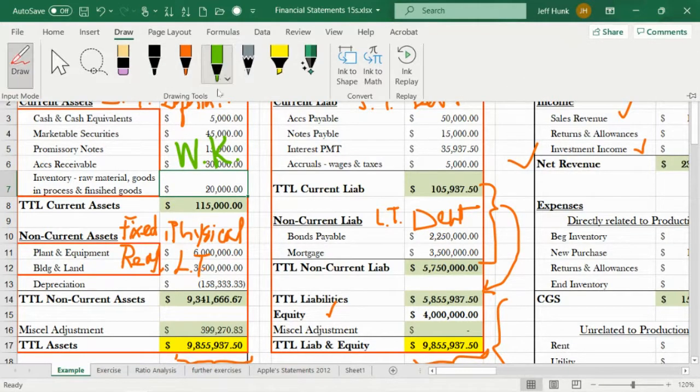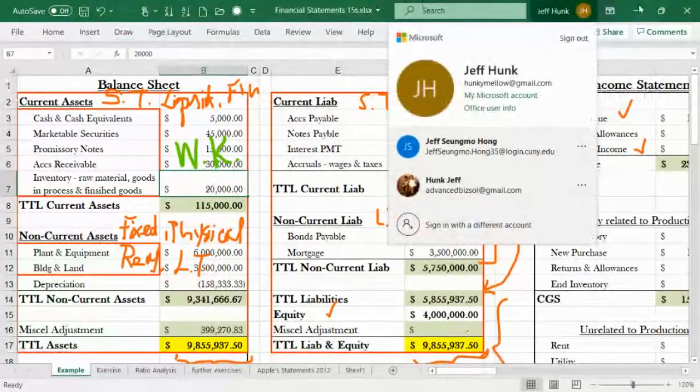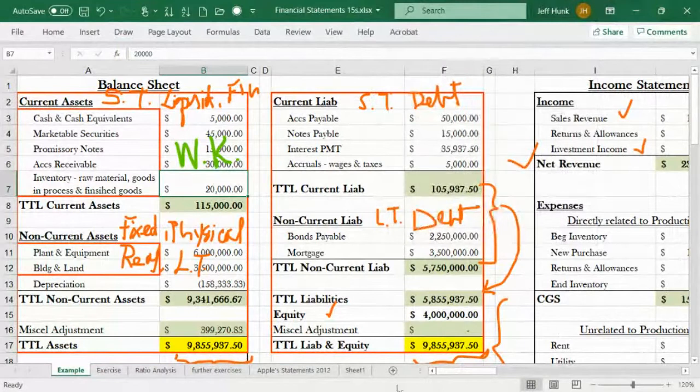As I said, in the case of manufacturing, inventory means these three things: raw material, finished goods, and goods in process. Of course, finished goods will have to be shipped out of your warehouse or your plant on site.